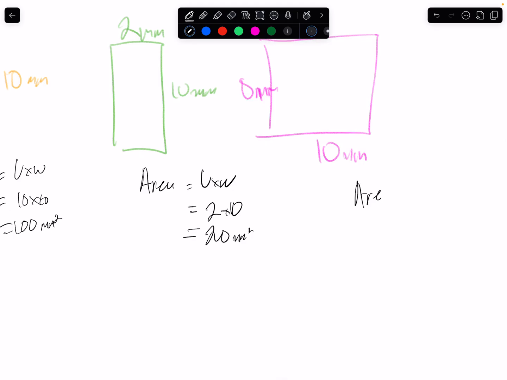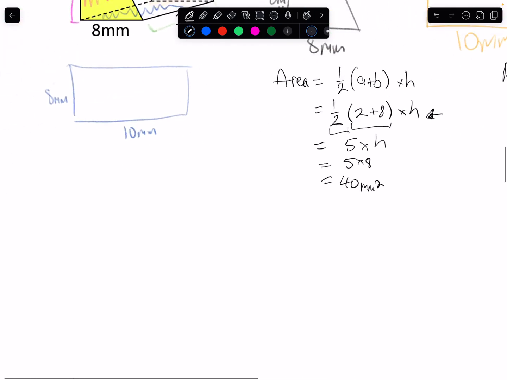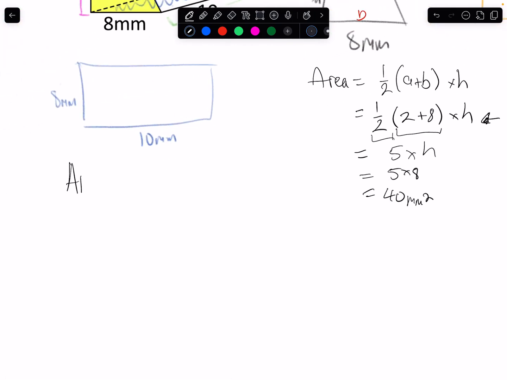Again, rectangular formula. By now, we should be getting the hang of it. Length times width, which is 8 times 10, which is 80. And then over here, we have our final rectangle, which is area. It's equal to length times width, which is equal to 8 times 10, which is equal to 80 millimeters squared.